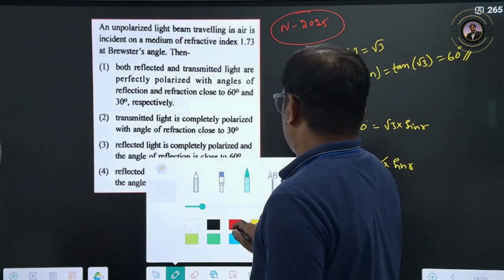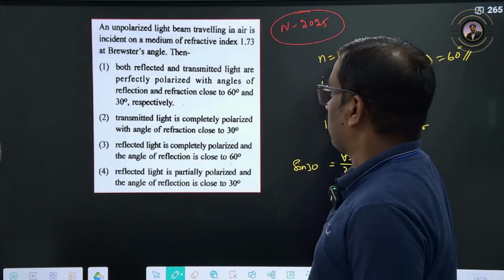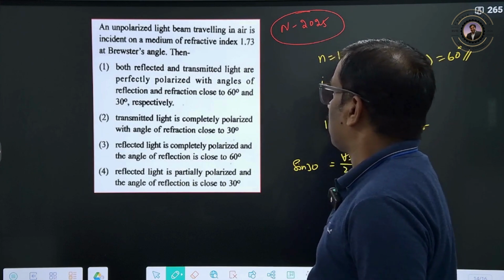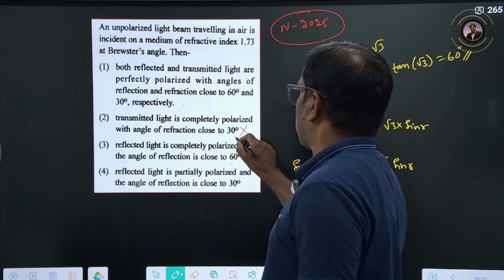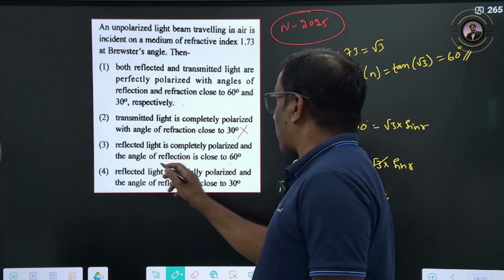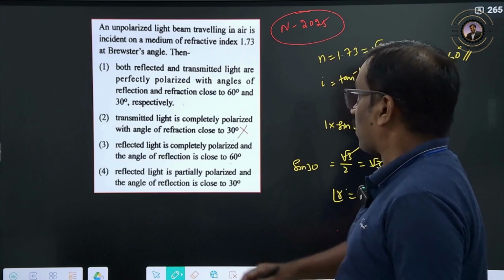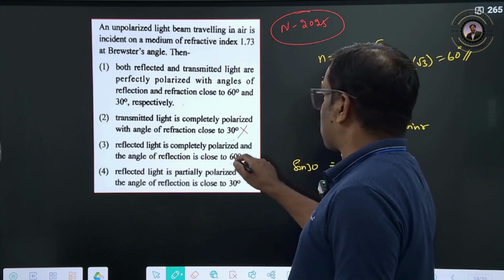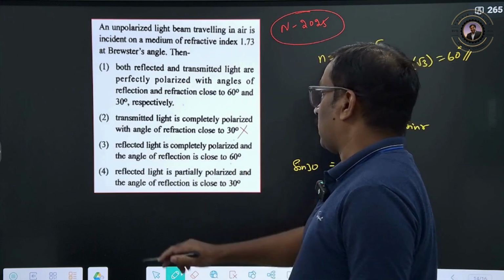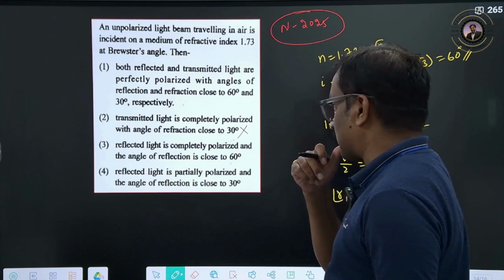Clear? So this angle of refraction is 30 degree. Reflected ray is completely polarized and angle of reflection is close to 60 degree. Another option says reflected light ray is partially polarized, angle of reflection close to 30 degree.